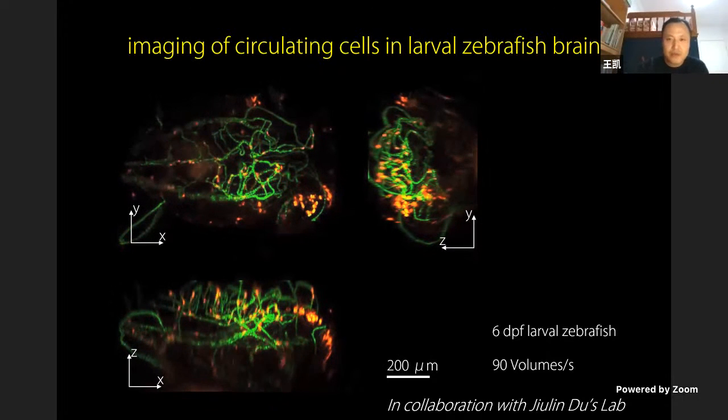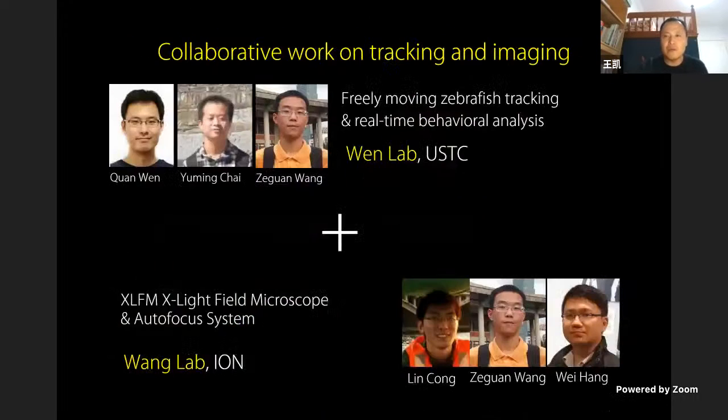Well, we also tried to find an even more interesting application. We were lucky to meet Dr. Wang, who is at the University of Science and Technology of China. He is working on 3D moving zebrafish tracking, trying to do real-time behavioral analysis on this small fish. So we met each other at a meeting, and we decided to combine their tracking system with our imaging system so that we can image whole-brain neural activity in a freely moving zebrafish.